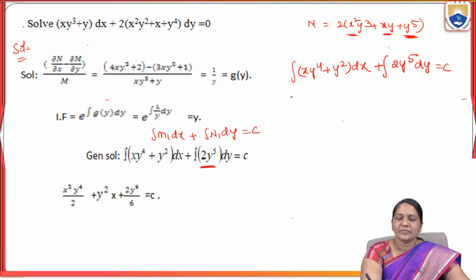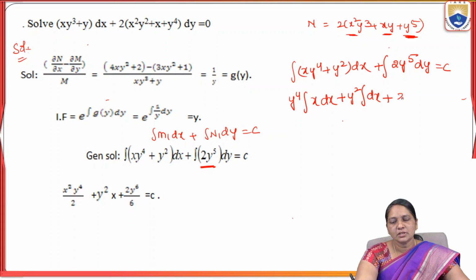So ∫x dx, where y⁴ is the constant, plus ∫dx, where y² is the constant, plus 2 is the constant, ∫y⁵ dy = c.